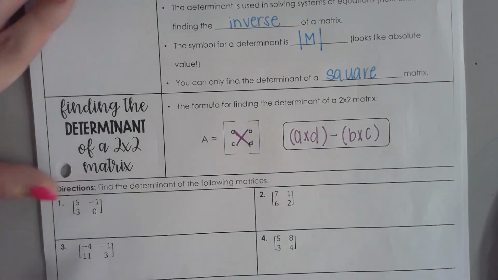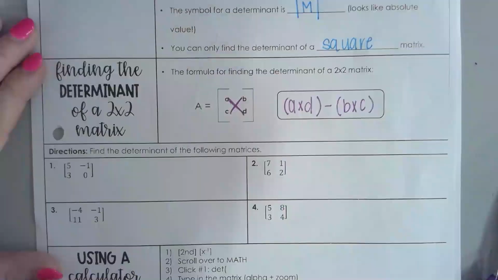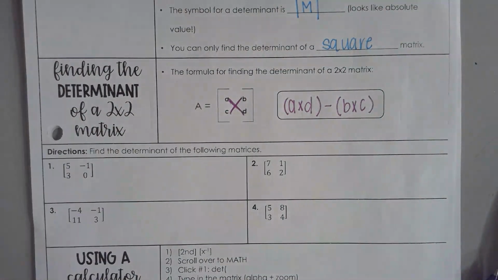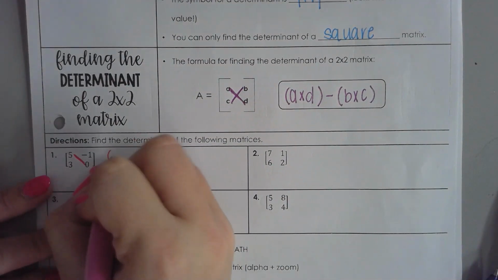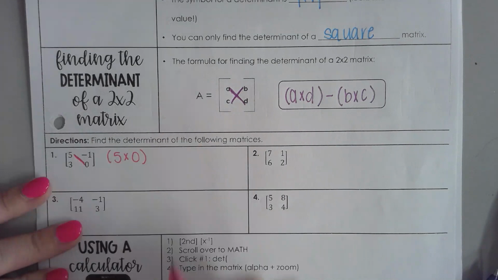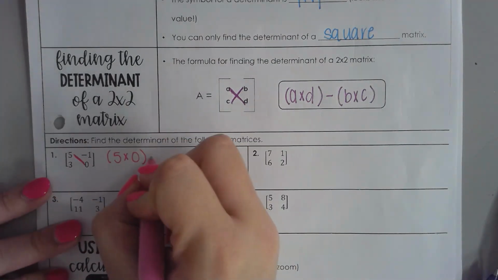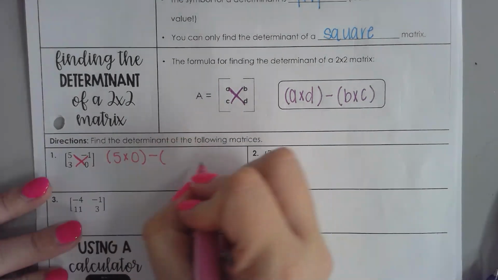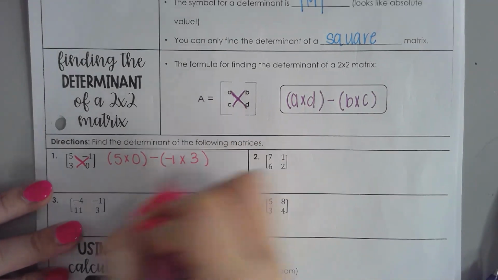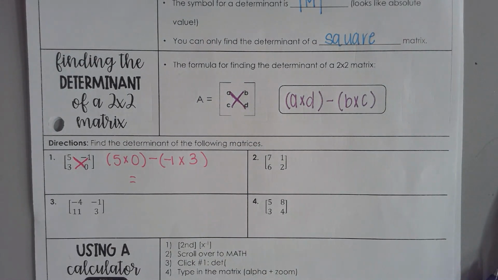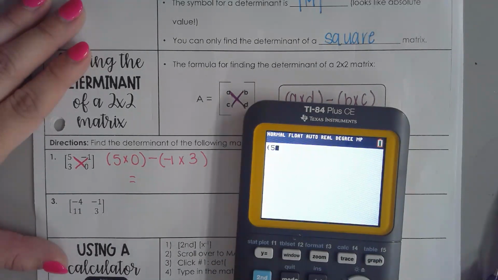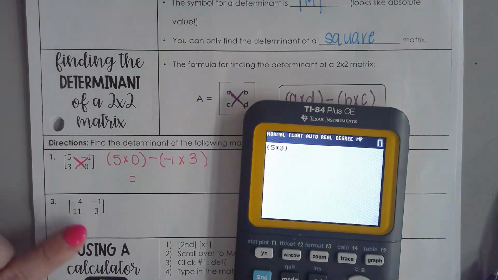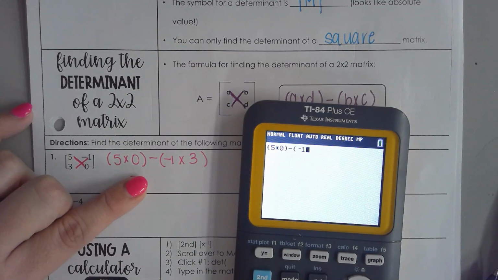Okay. So if we go to example number 1, I'm going to multiply 5 times 0 minus, and then I'm going to multiply -1 times 3. And you can just type that whole thing into your calculator. 5 times 0 minus -1 times 3.